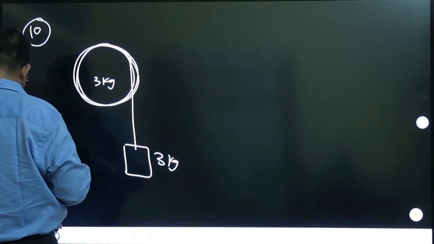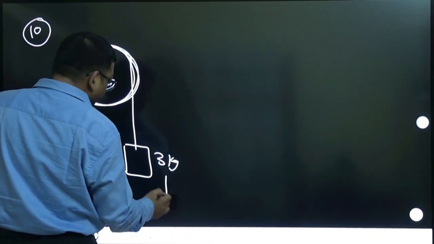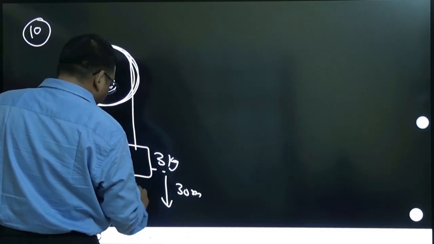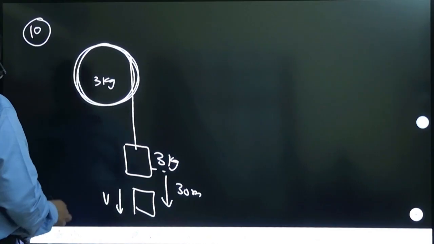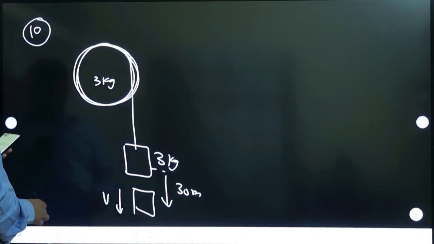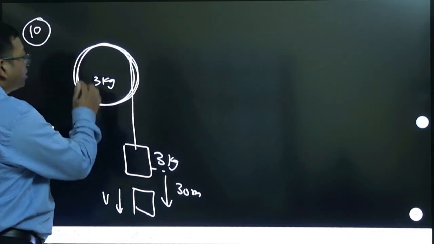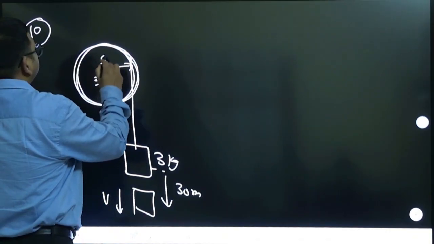Find the angular momentum of the block about the center of mass of the flywheel when the block descends by 30 meters. Suppose this block descends by 30 meters. That time it must have gained some velocity, right? So we need to calculate the angular momentum of the block. So angular momentum is mv into radius, which is also given. How much is the radius? Radius is 5 meters.